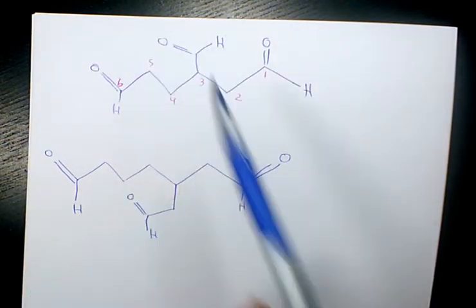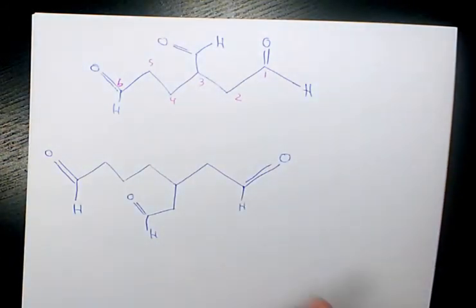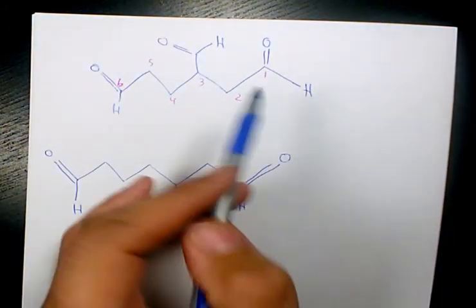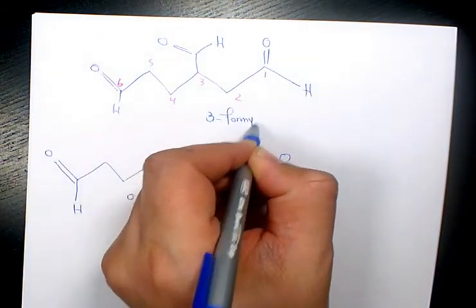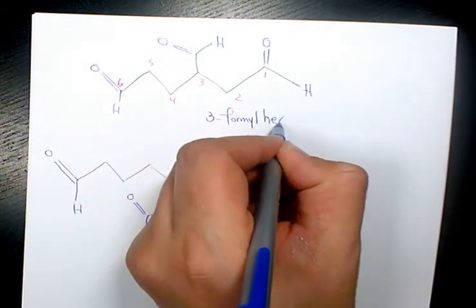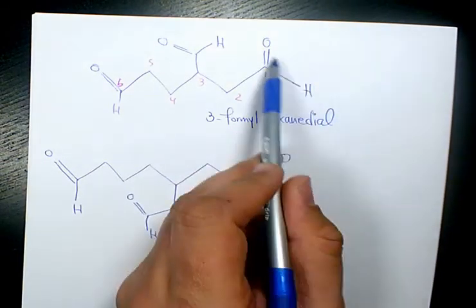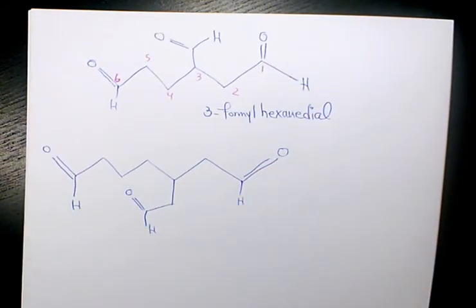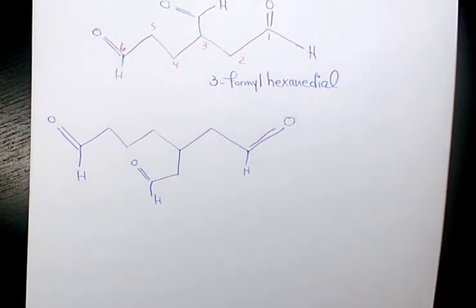But this one is going to be just a substituent. So I'm going to call it formyl. We had it earlier, so we're going to have formyl for this group. So we have 3-formyl hexanedial. Why dial? Because we have 2 aldehydes from both sides. 3-formyl hexanedial.